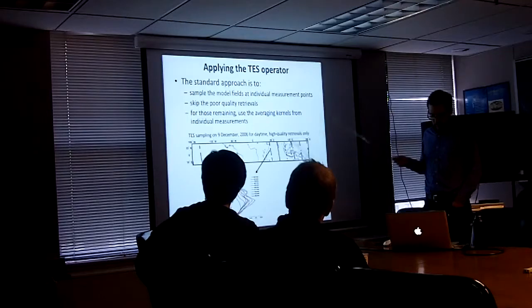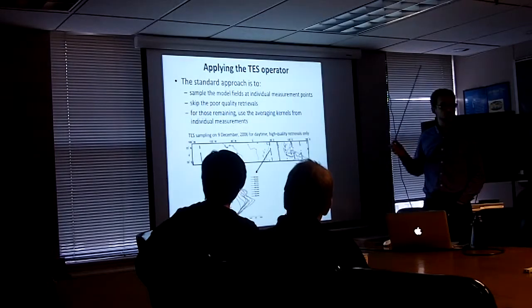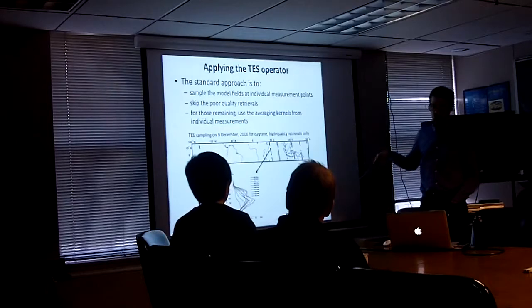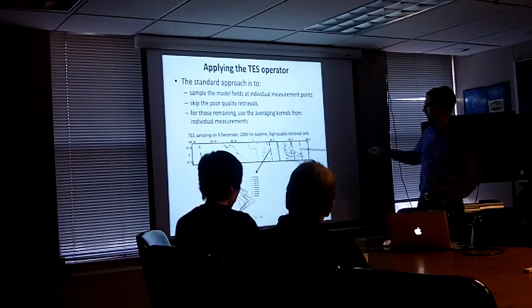So the standard way of applying the operator is to sample the model fields at individual satellite points, skip over the retrievals that are flagged as poor quality, and then for those remaining, take the averaging kernels from the individual measurements.